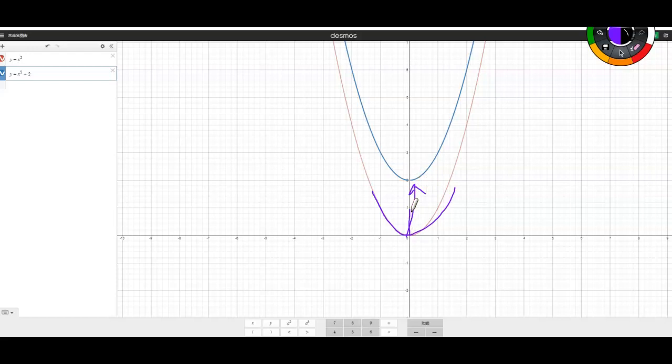How many units? 1, 2. You move it up 2 units to reach the baby picture. So the transformation here is moving up 2 units from your parent graph. So what makes it move up 2 units? You add a number outside of the x in your parent equation. So this kind of change in the equation corresponds to this kind of transformation on the graph. Okay?